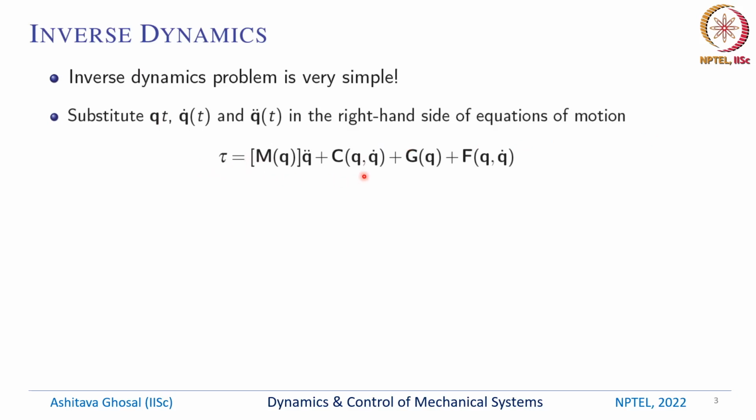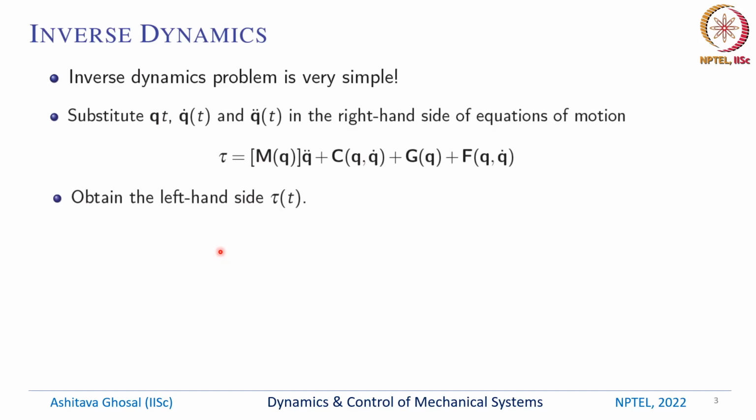We have an equation of motion which is given in this form: tau is some mass matrix into q double dot plus C into q dot, plus a gravity term. There might also be a friction term. All we need to do is substitute q of t, q dot of t and q double dot of t on the right hand side and evaluate torque as a function of time.